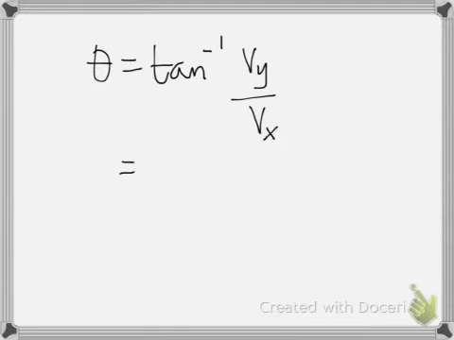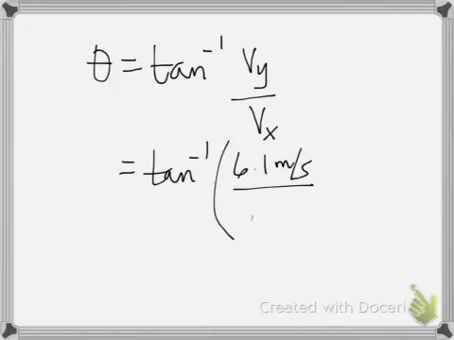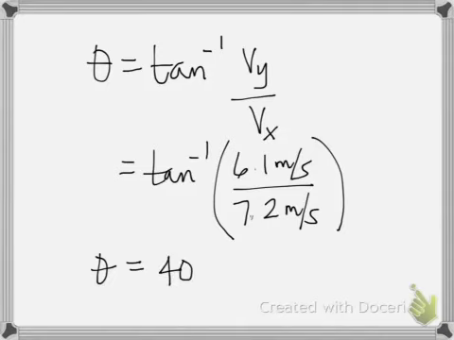So if you plug this in your calculator, this is going to be 6.1 meters per second over 7.2 meters per second. So the units will cancel, and your angle must be, of course, unitless. And make sure that your calculator is in degree mode, otherwise you're going to get a different angle. And you should be getting 40 degrees.